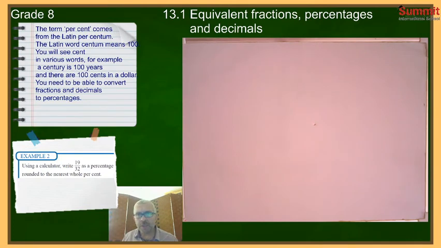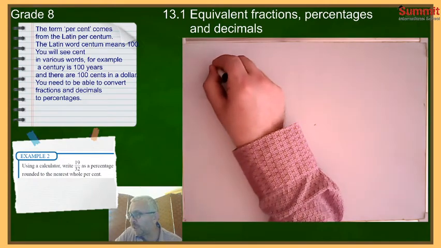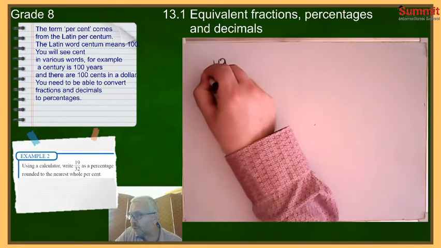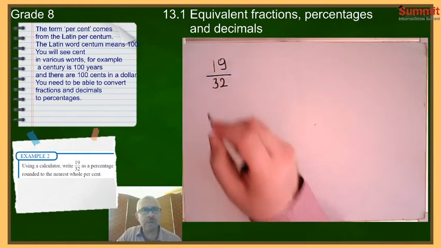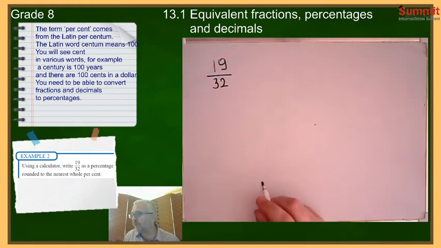Using a calculator, write 19 over 32 as a percentage and round it to the nearest whole percent. Here we have 19 over 32. Now using our calculator, we are going to find it.